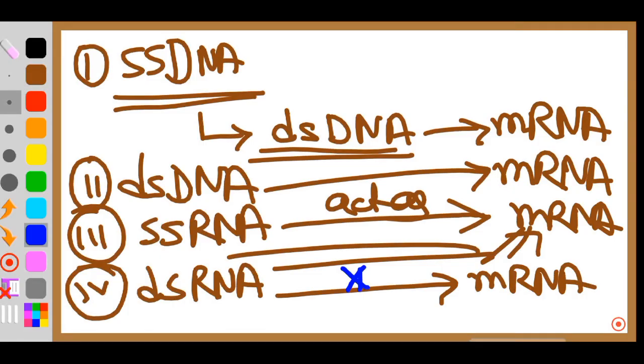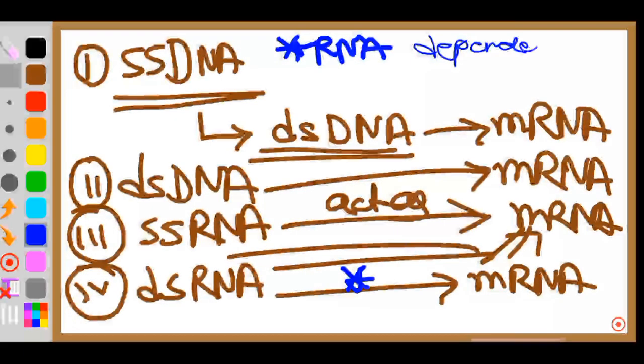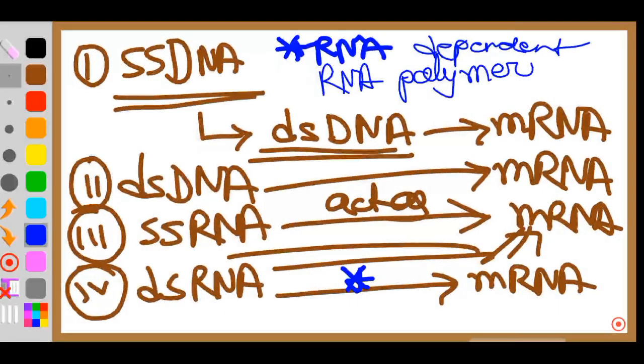by using RNA dependent RNA polymerase. RNA dependent RNA polymerase, and it will produce the mRNA. Okay.